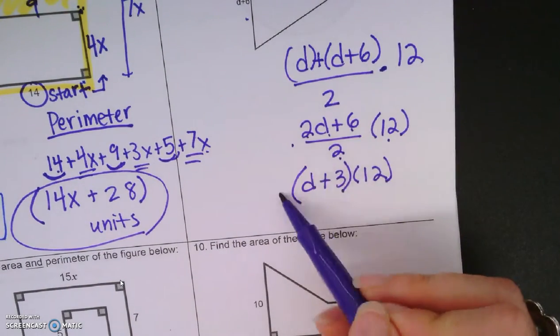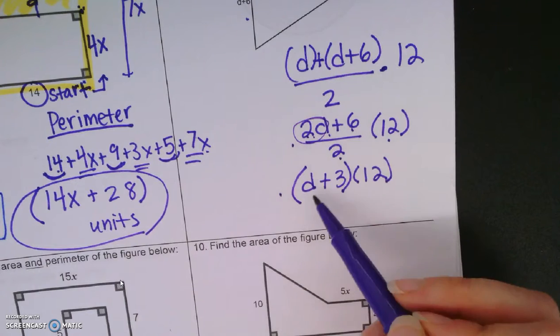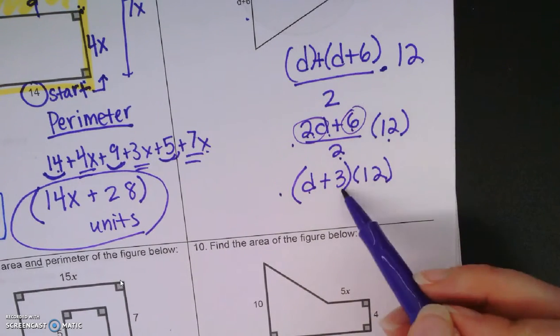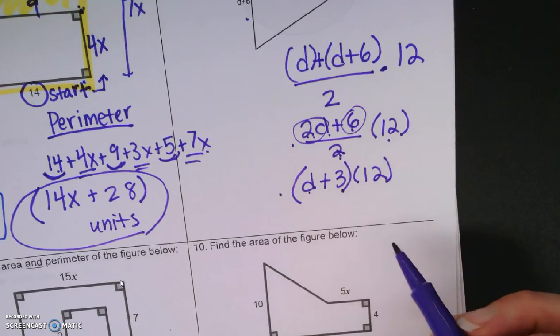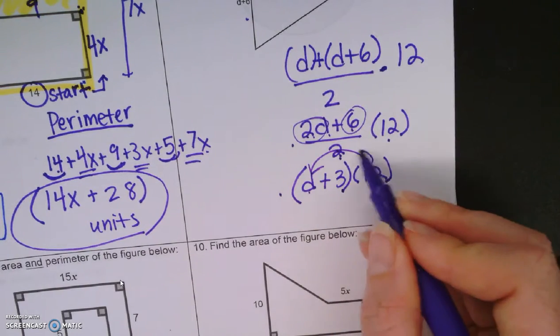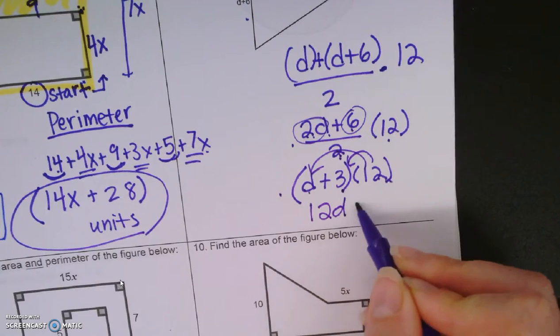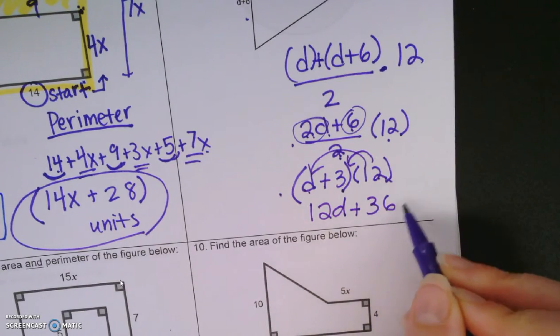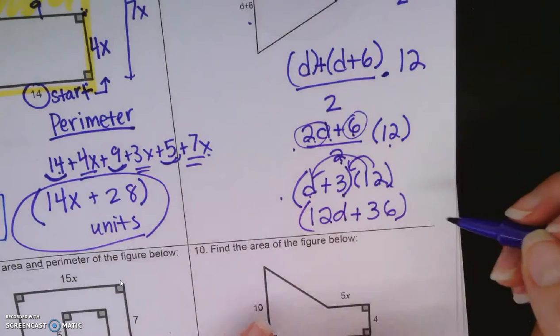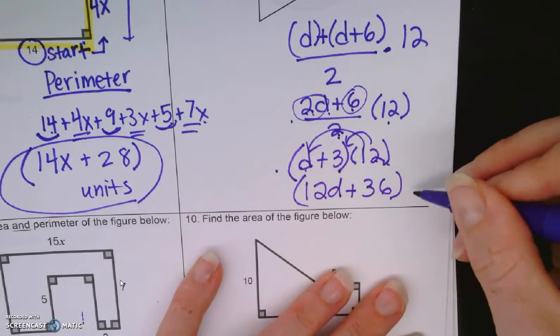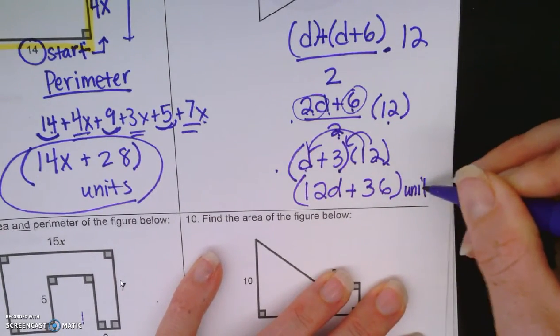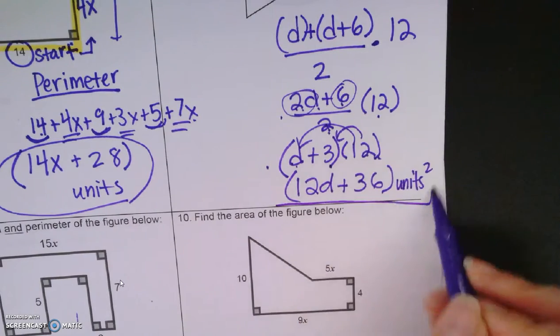Again, what I did from here to here is I took half of 2d, which is 1d, and half of 6, which is 3, because that's what dividing by 2 means, taking half. Now I need to distribute the 12 to the d and to the 3 to get 12d plus 36. And this is my answer, so it's 12d plus 36 units squared, because this is an area.